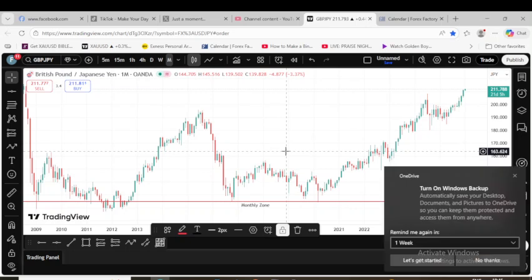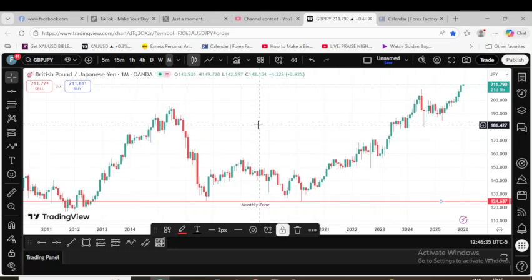There's a bit of a level around here, but it's not very clear. We have a zone right about here. We'll press and move it a bit.